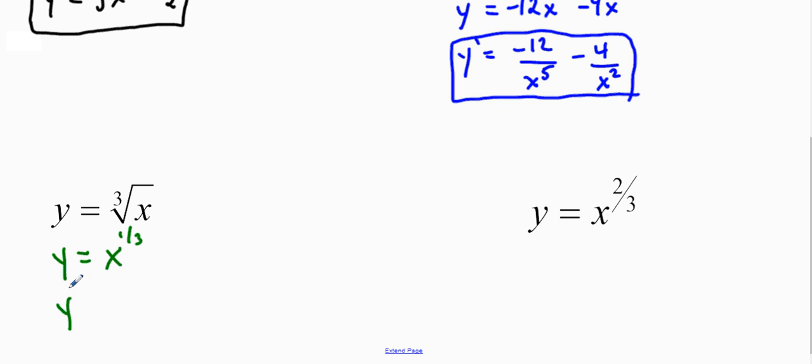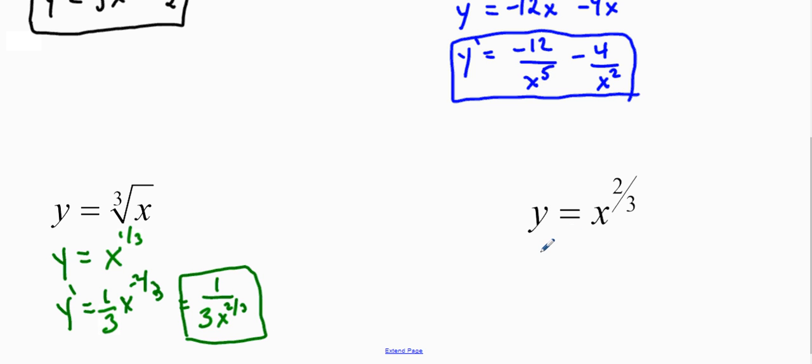Using the power rule, we can say y prime equals 1/3 times x to the, subtracting 1 from 1/3, negative 2/3 power. Which can be simplified to 1/3 times x to the negative 2/3, and that would be our answer.